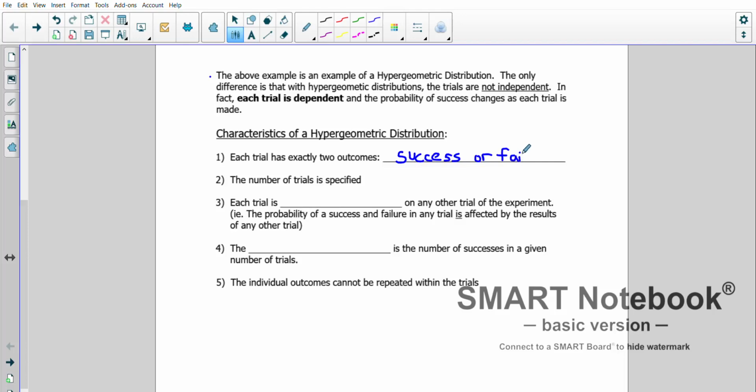Whatever you're talking about, it's either going to happen or it's not going to happen. You're either going to pick a man or you're not going to pick a man. You're either going to pick a white marble or you're not going to pick a white marble. Are the trials specified? It has to be specified. And again, the main difference here is the trials are dependent instead of independent.